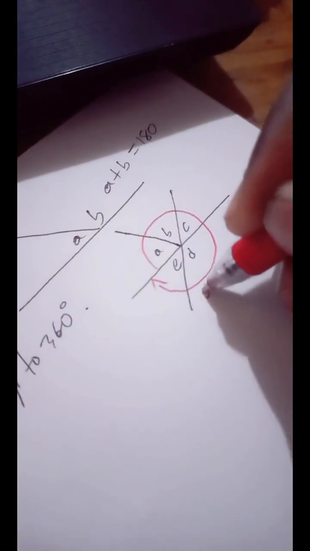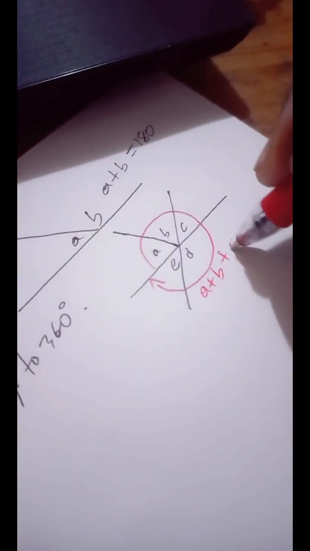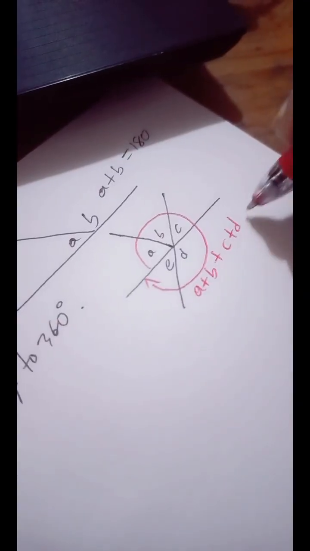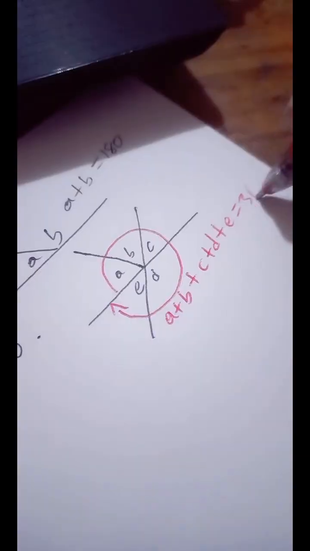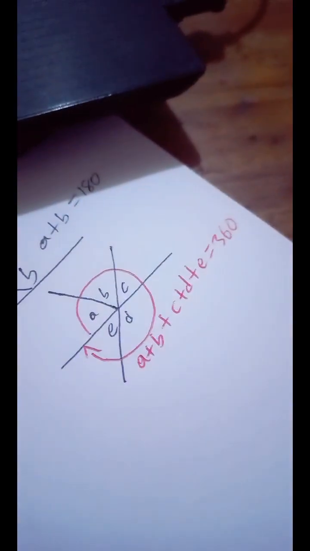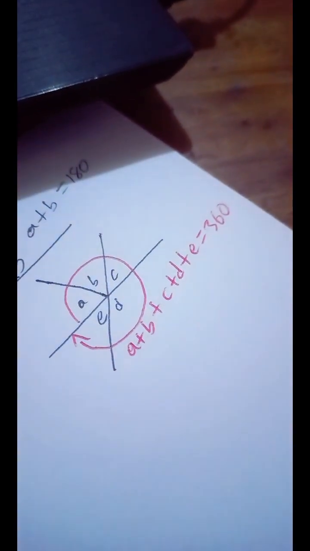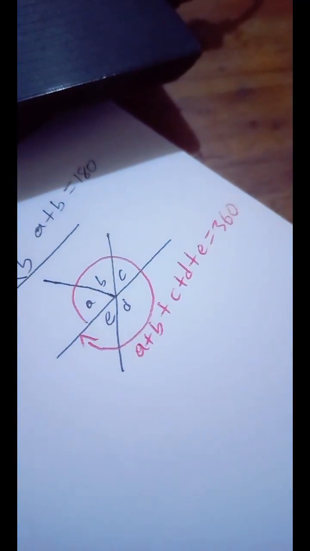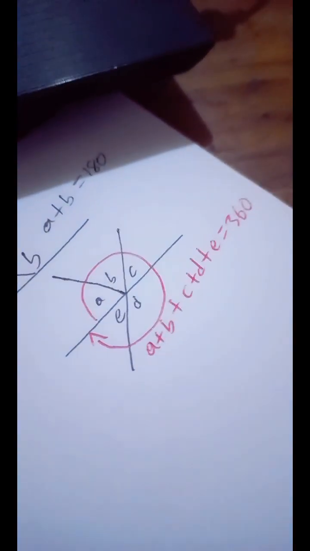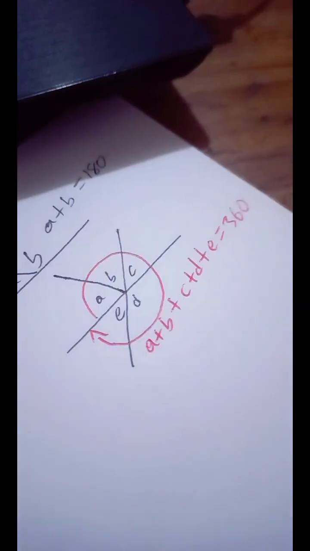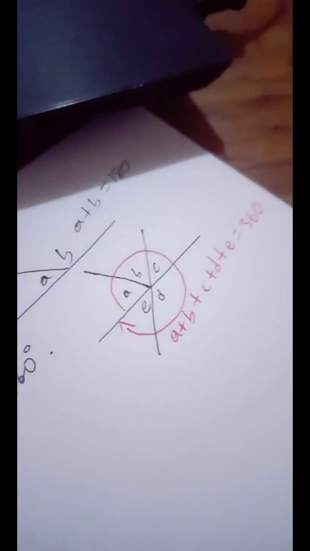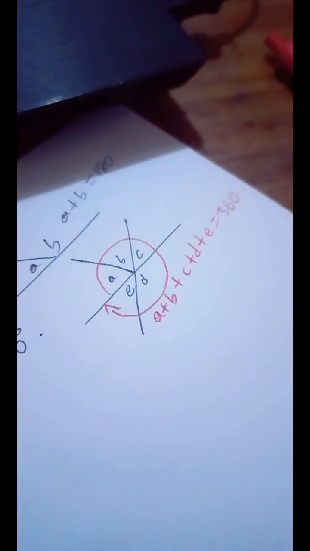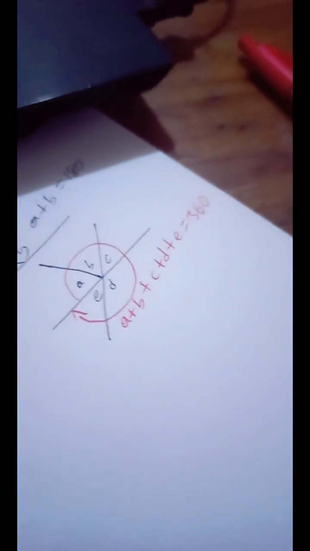So A plus B plus C plus D plus E gives us 360.